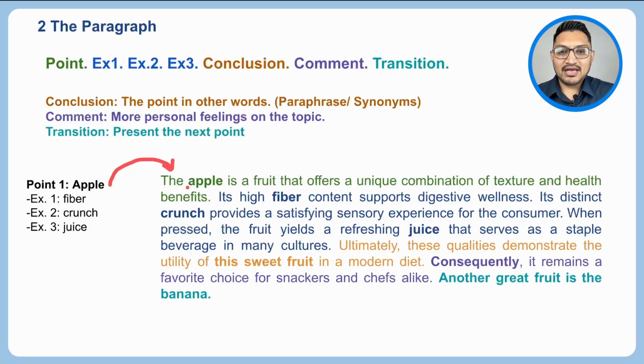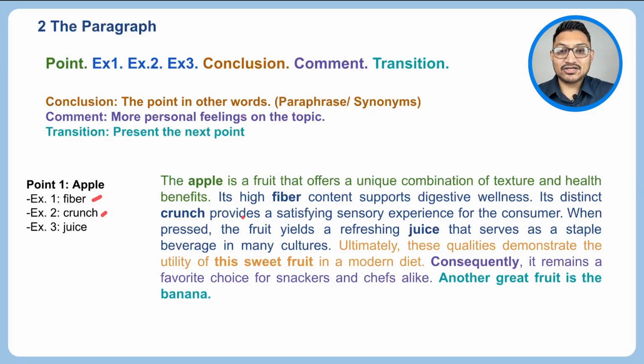The apple is a fruit that offers a unique combination of texture and health benefits. That's going to be the point or the main idea. Then I'm going to write one sentence with each one of the examples, the supporting ideas. Let's start with fiber. So its high fiber content supports digestive wellness. Crunch.